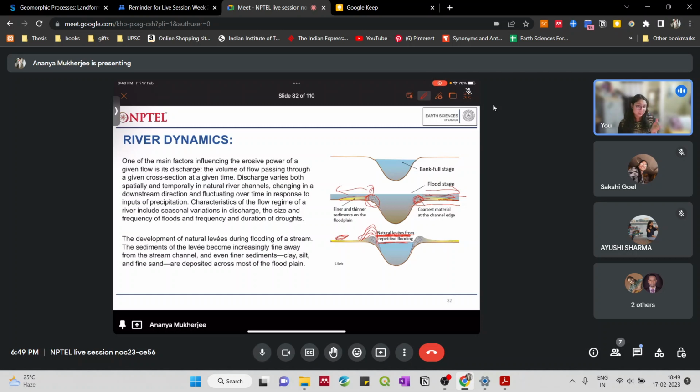So natural levees, when they are forming in the normal seasonal variations, are going to act as embankments, and they are going to prevent flooding in the floodplain region. And this area is going to remain in the fine sand, the fine sand is going to remain over here.